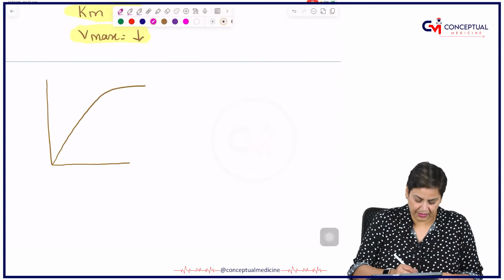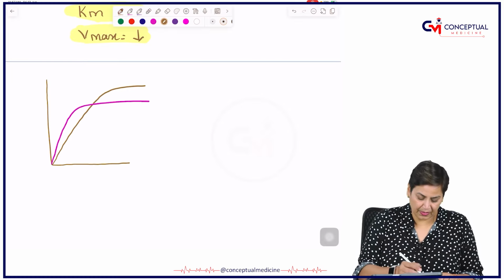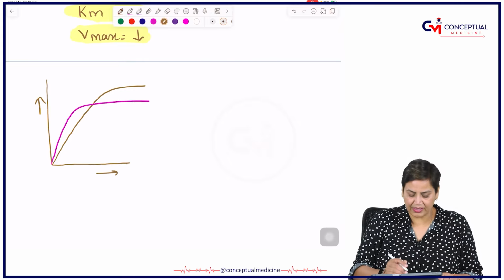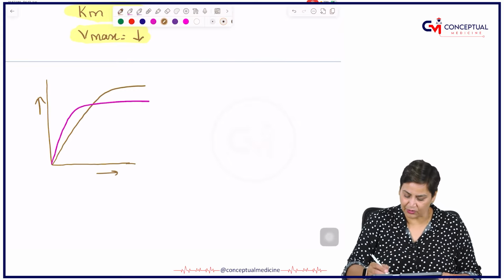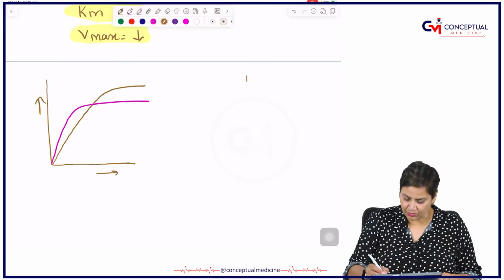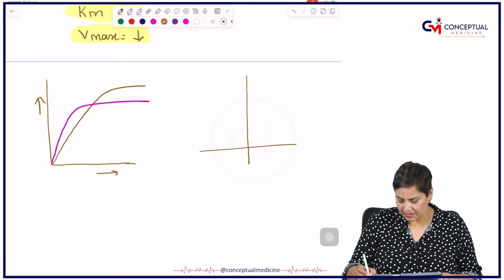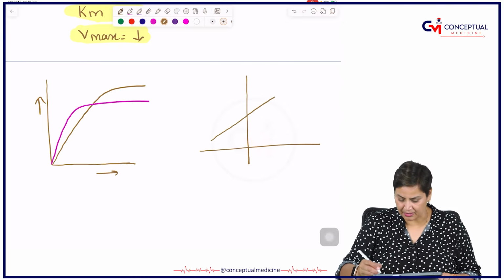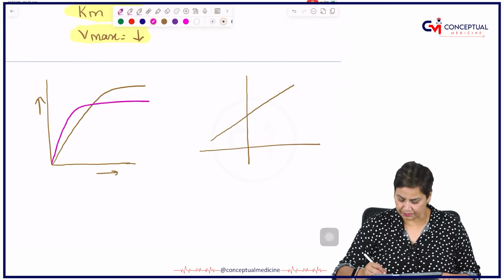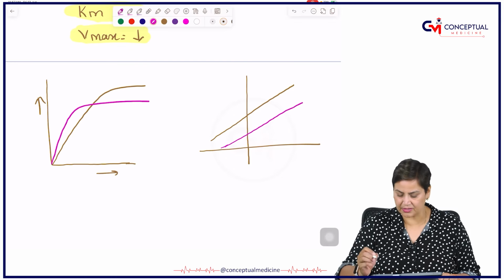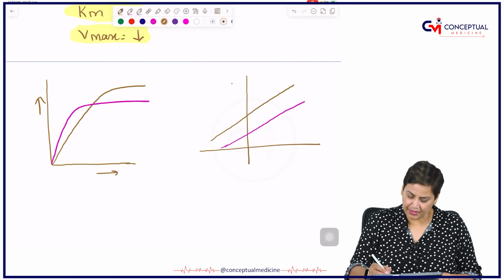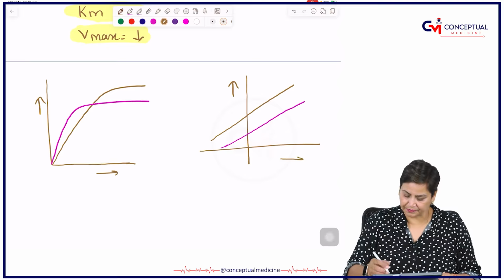And this becomes, and you can see this graph is also a weird kind of graph. And if I have to extrapolate like this, it is totally parallel, like this, without touching the parameters.